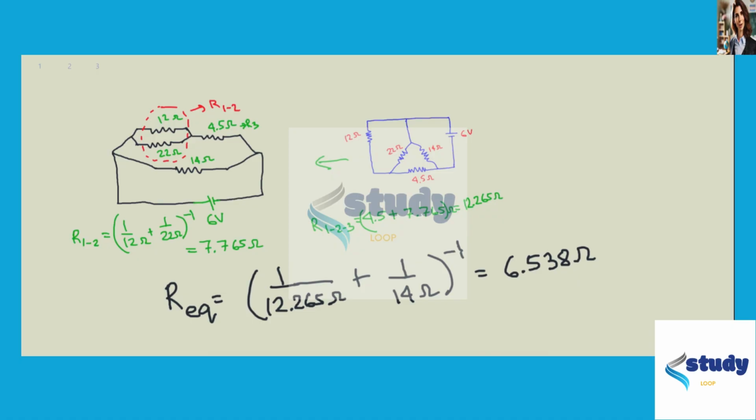Let me represent it properly so that we can understand. So now this whole setup, we call this R123. That's the equivalent resistance of the whole circuit.